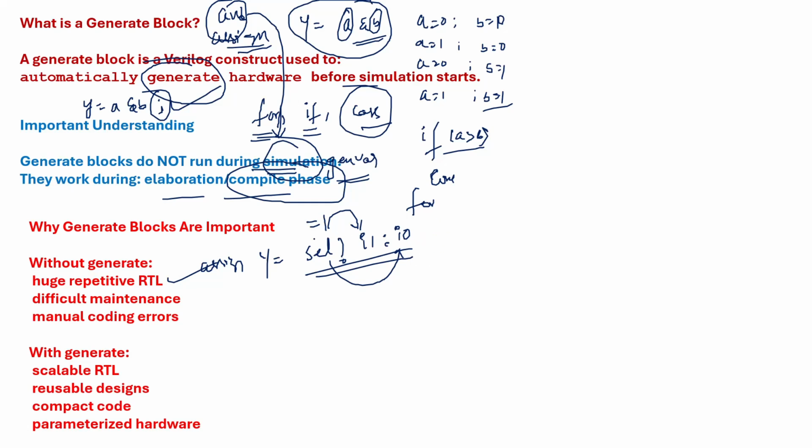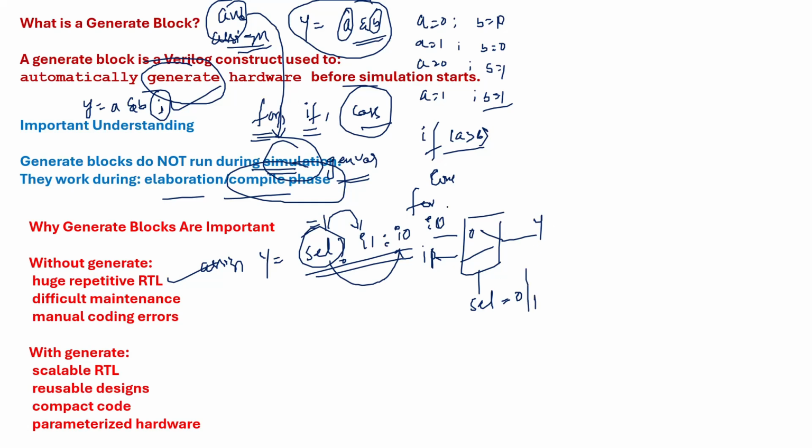Because a 2 by 1 mux means one select signal and two inputs, I0 and I1. If the select signal is 0, I get I0 as the output. If the select signal is 1, I1 is the output.